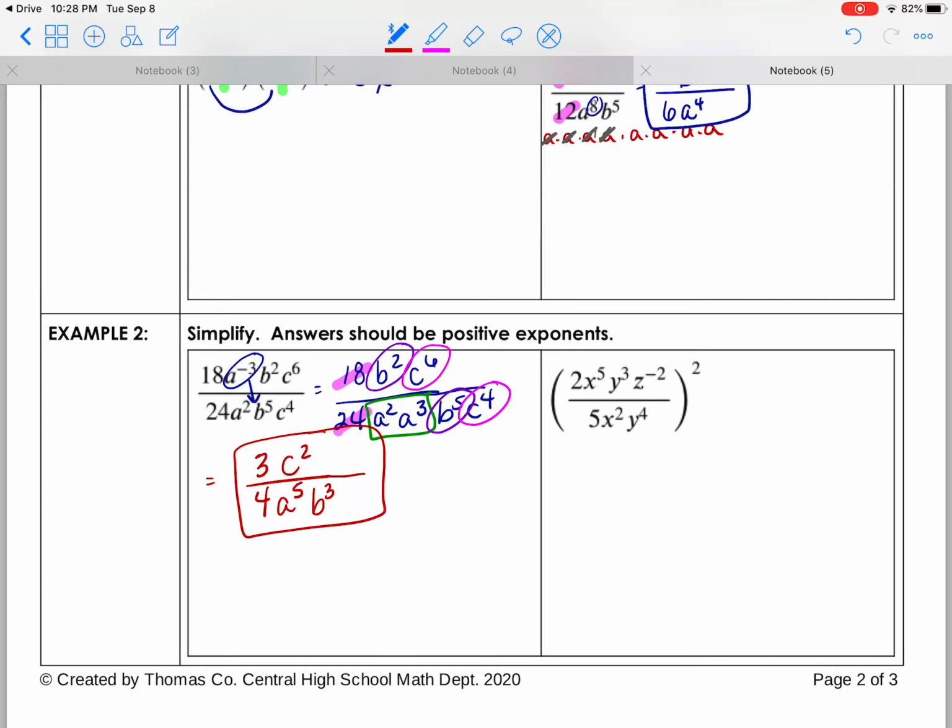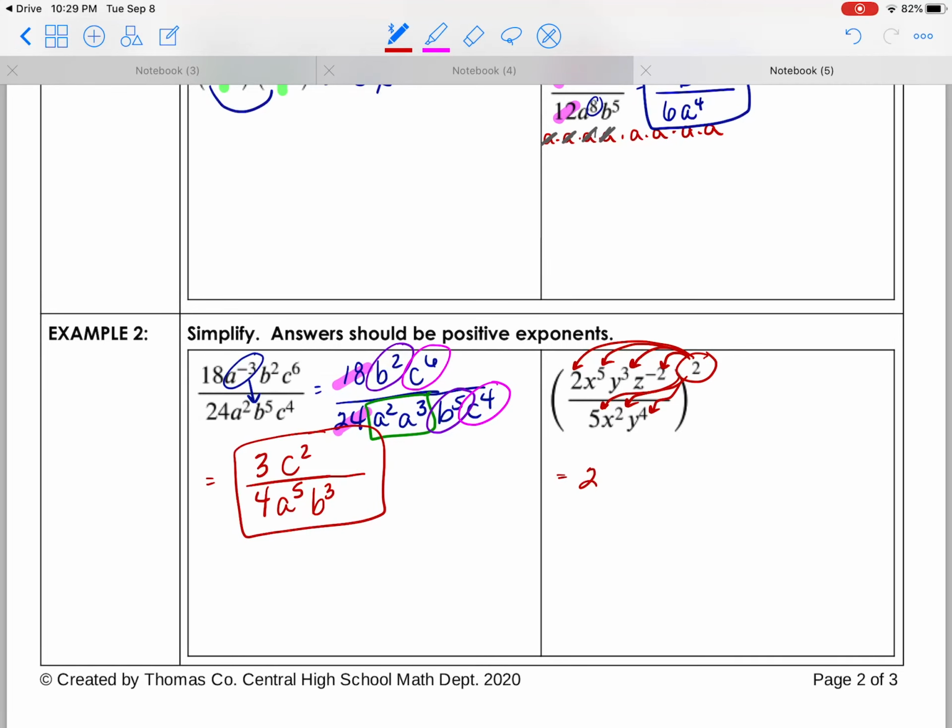And then for our last example, I have this exponent out here outside the parentheses. So that 2 is going to distribute to every single thing in this problem. It's going to go to this whole number 2, x to the 5th, y to the 3rd, z to the negative 2nd. It also goes to the denominator, to the 5, to the x squared, and to the y to the 4th.